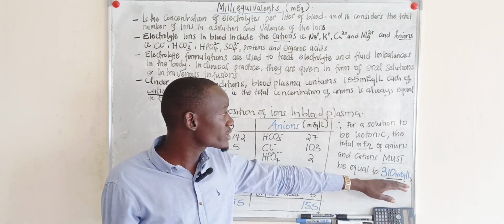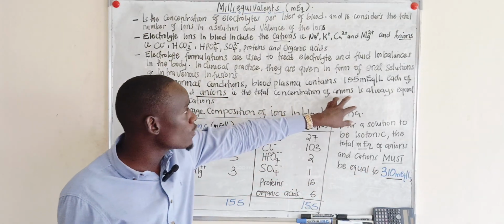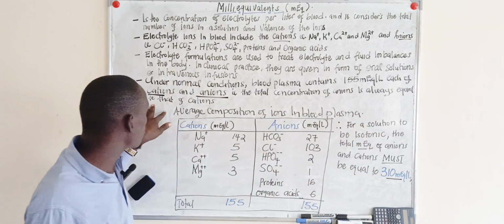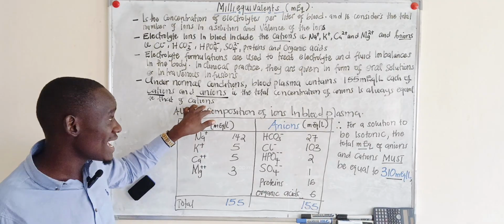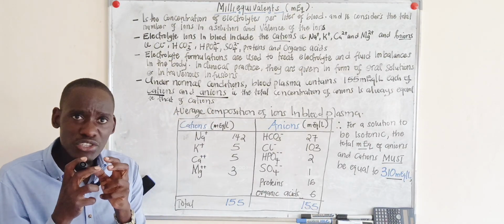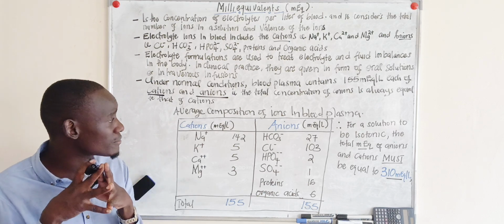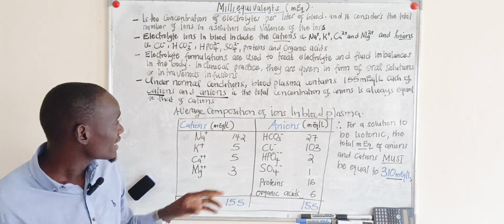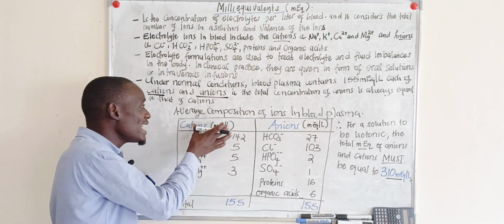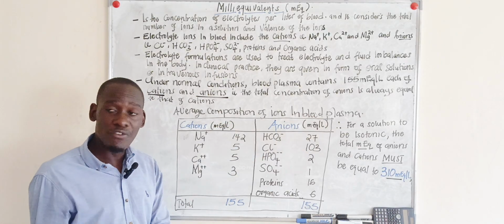As we are going to see, the total concentration of anions is always equal to that of cations. So if you're performing any calculation to ascertain whether the solution is isotonic with blood plasma, we must ensure that the total concentration of cations in milliequivalents is equal to that of anions.